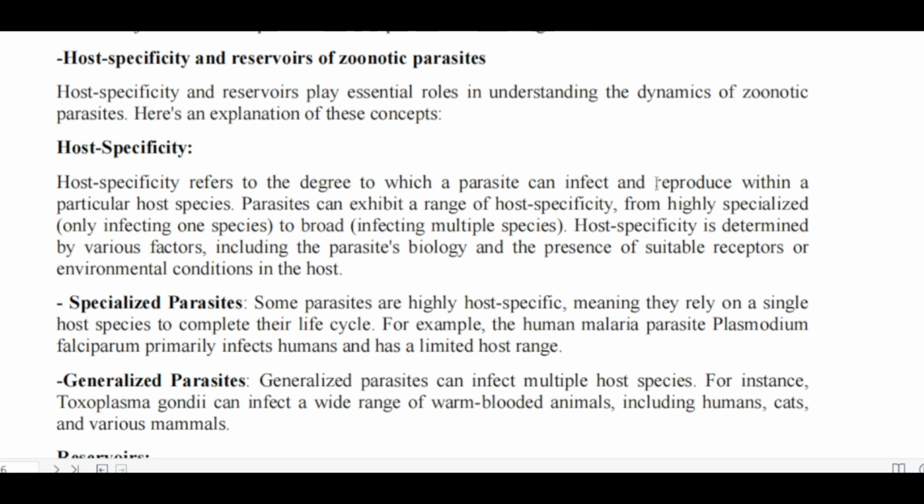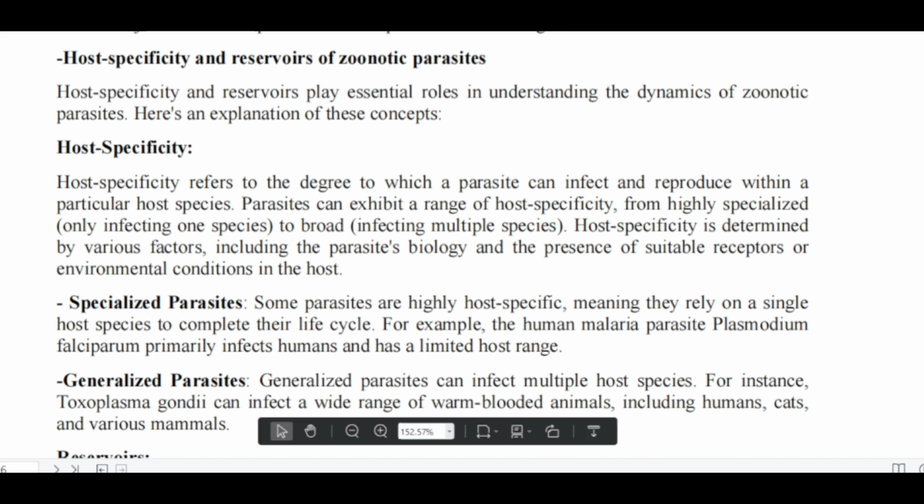Parasites can exhibit a range of host specificity, from highly specialized, infecting only one host, to broad, infecting multiple species. Host specificity is determined by various factors, including the parasite's biology and the presence of suitable receptors or environmental conditions in the host.